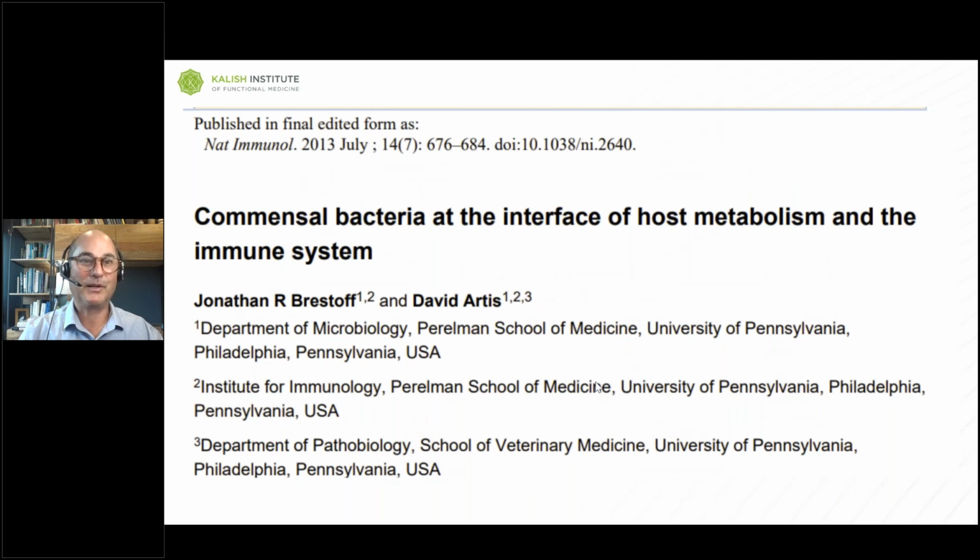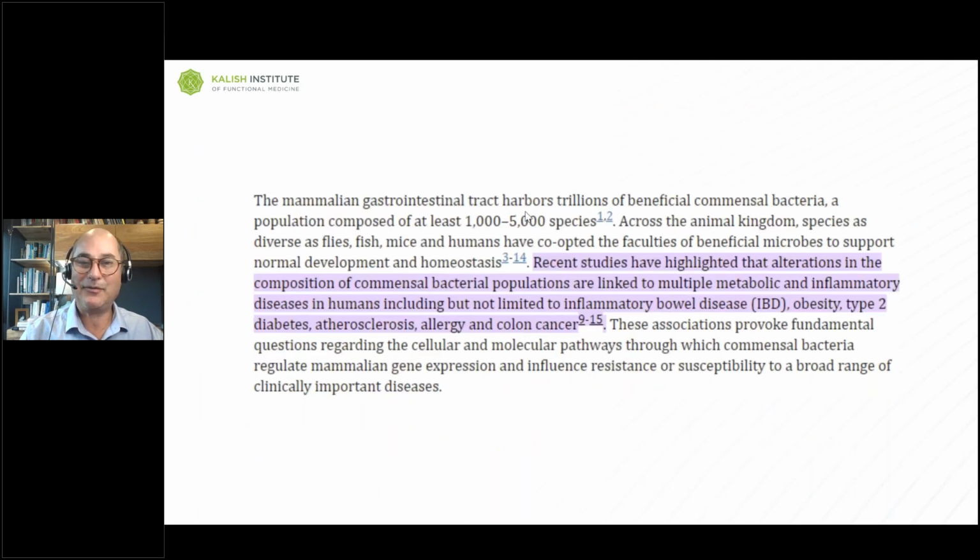Another article, this is an older one, commensal bacteria at the interface of host metabolism and the immune system. People have been studying this for a while, and there's thousands of research studies on this. I just pulled out a few so we have some interesting quotes here. From that article, okay, recent studies have highlighted that alterations in the composition of commensal bacterial populations are linked to multiple metabolic and inflammatory diseases in humans, including but not limited to IBD, obesity, type 2 diabetes, atherosclerosis, allergy, and colon cancer.